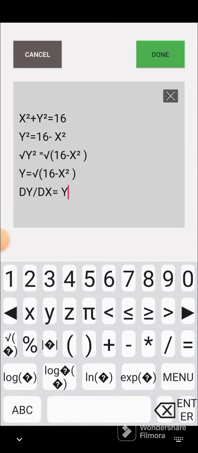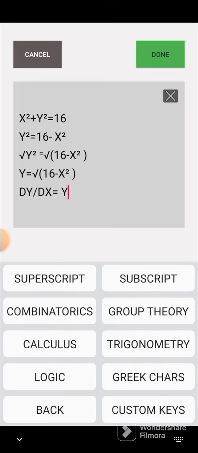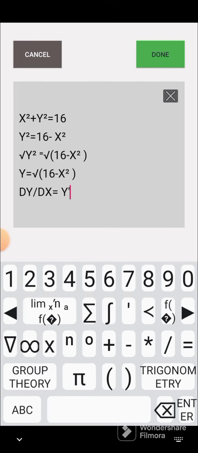We are finding the derivative of y because the derivative of y, this y prime, is the same as dy over dx.